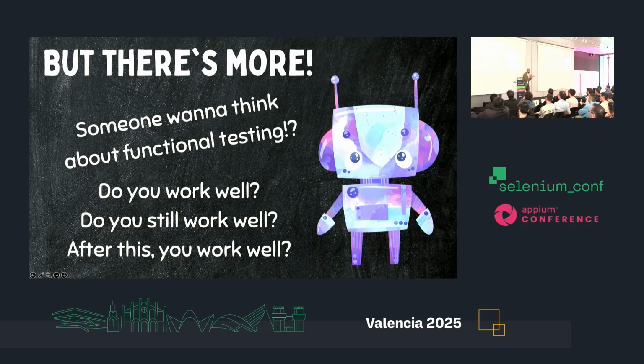Someone want to think about functional testing? It's important that we as well keep checking if our software works well, if it does what it's supposed to do. Not if it does it fast, in an efficient way, but as well that it stays doing it. And that can be because of multiple situations. We may have released a new piece of code that probably didn't pass all the functional tests or has some weird situations.